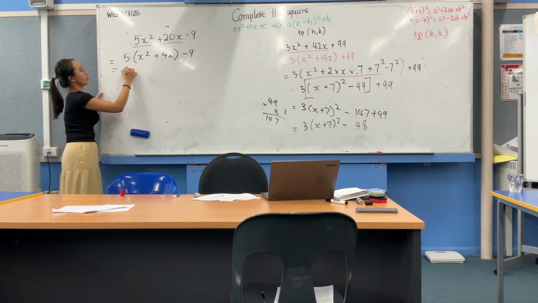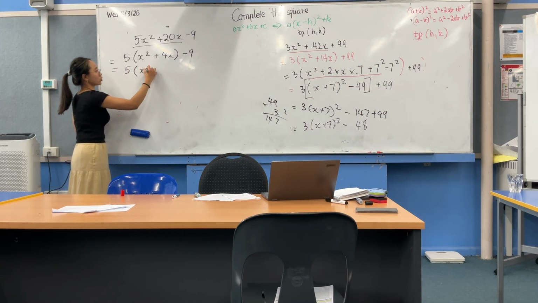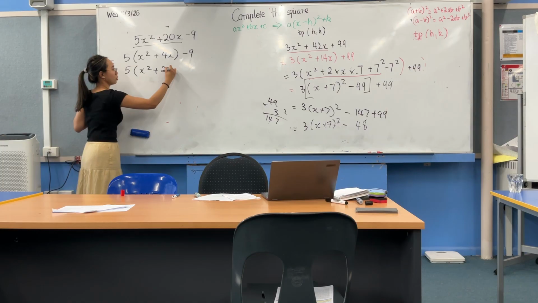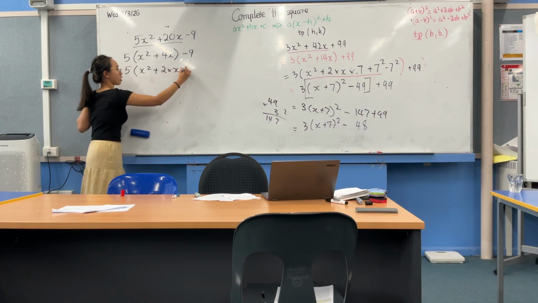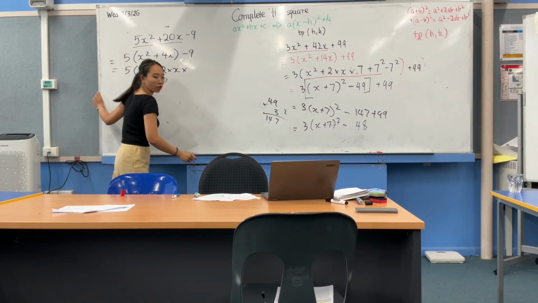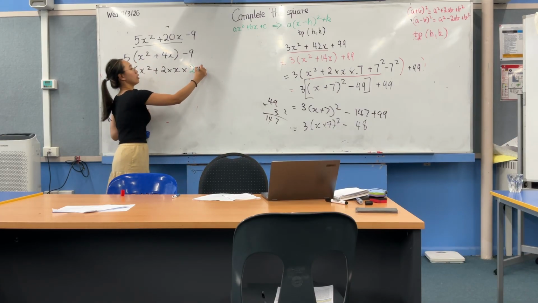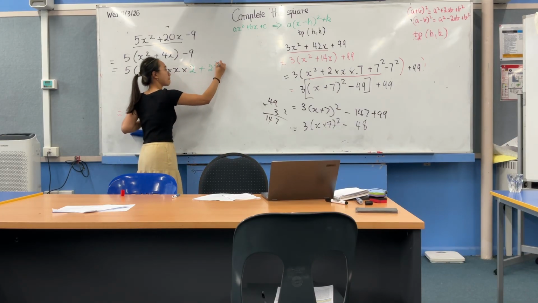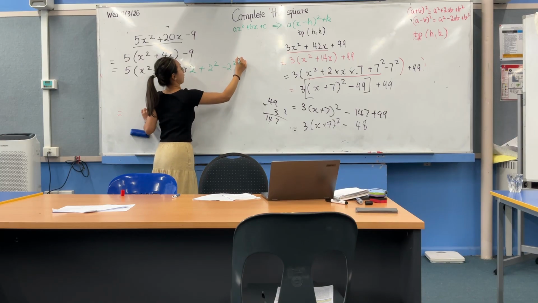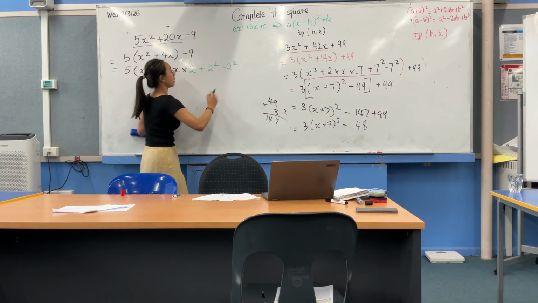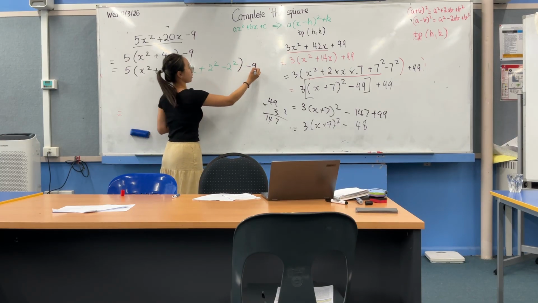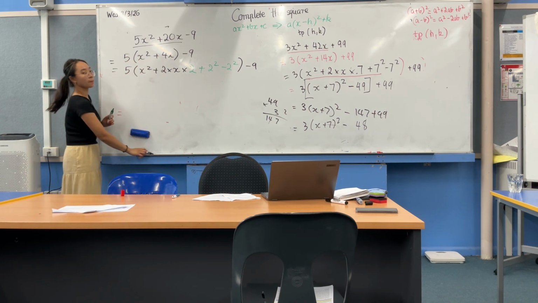With this part, I'm going to do x squared plus 2 times x times 2 as your b, plus 2 squared minus 2 squared. Close the bracket, minus 9.